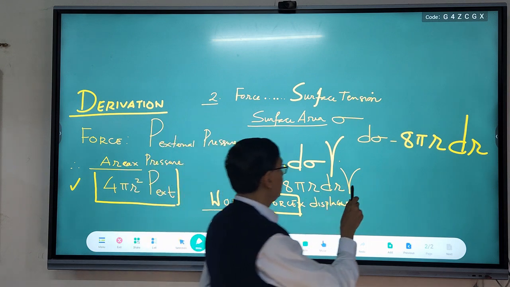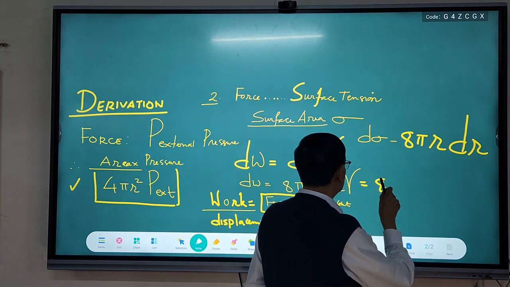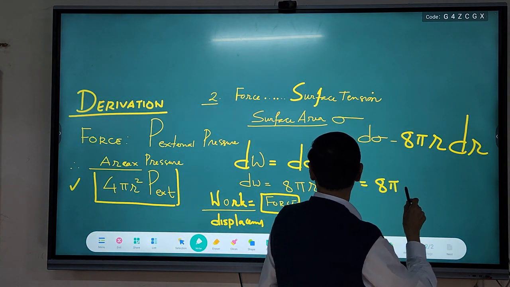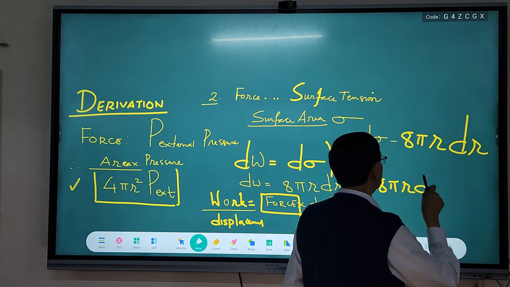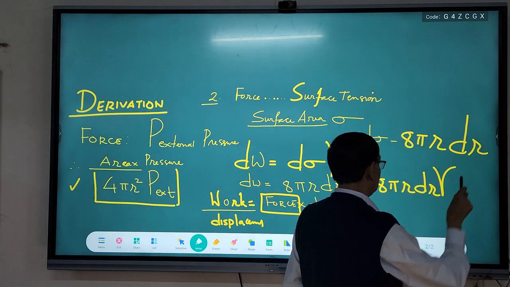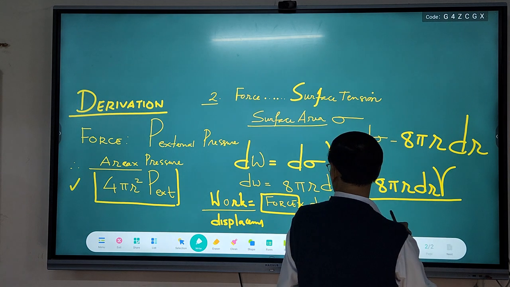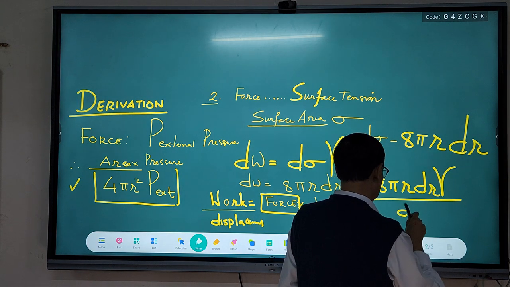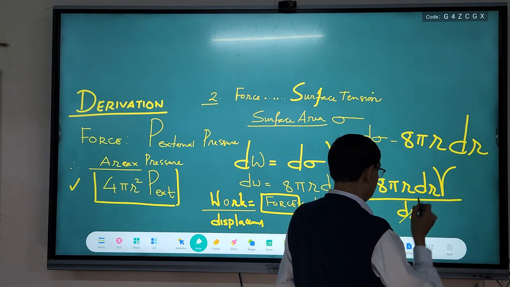The work here is 8 pi r gamma dr divided by dr, the small change.